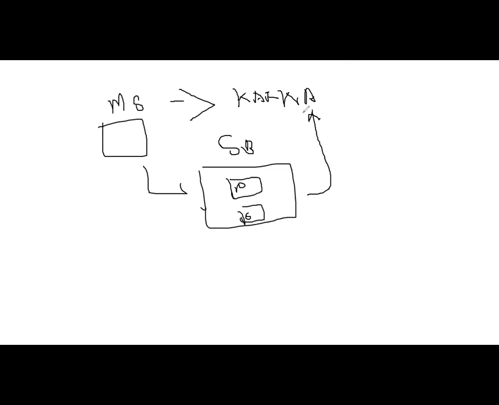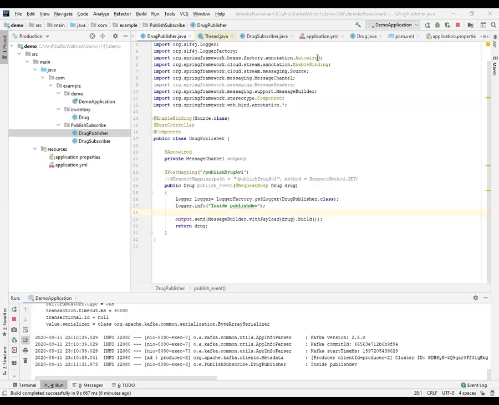The day I decide I don't want Kafka, I want something else, I should be able to forget that immediately. So that is the purpose of having the binder here, enable binding.